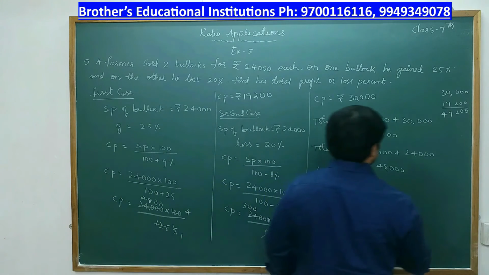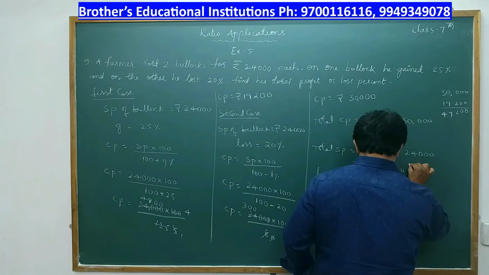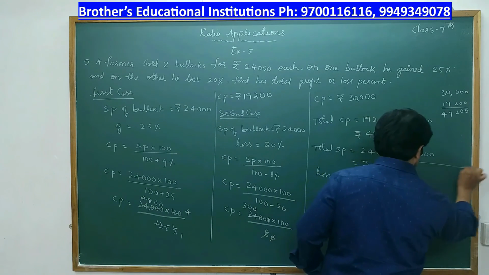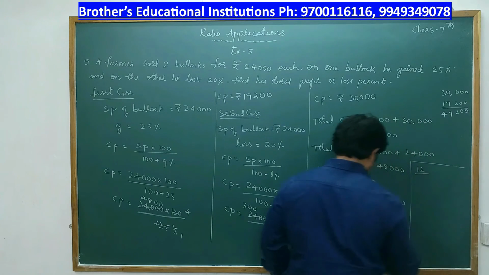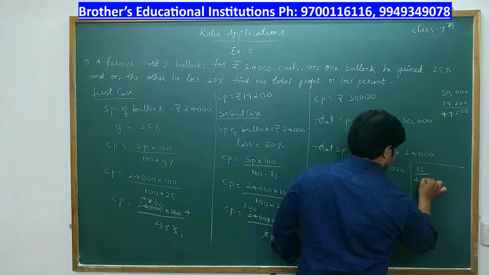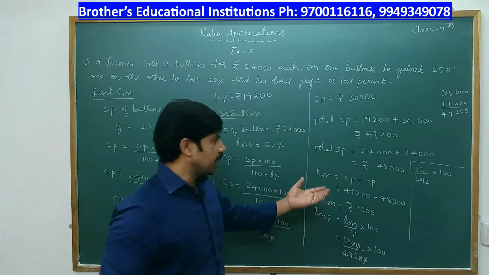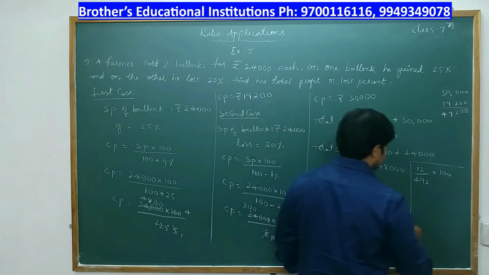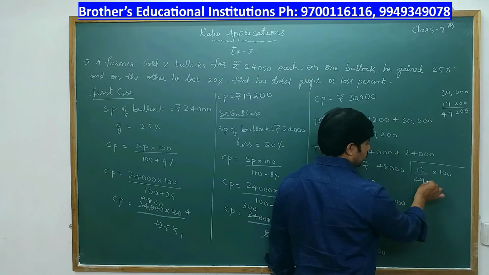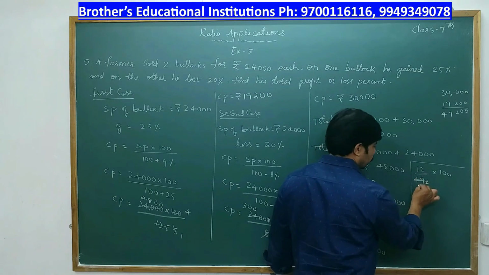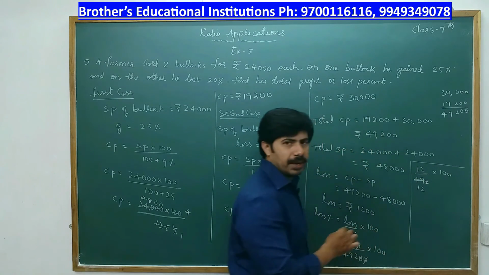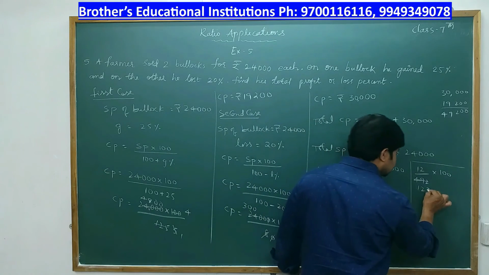Just this calculation part, again I'll repeat here. It is 12 by 492 into 100. So we'll cancel this. 4 12s are 48, reminder 1. 4 3s are 12.